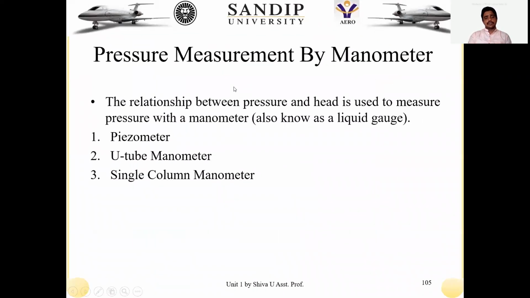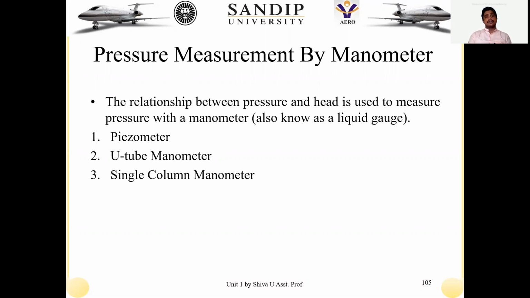Now coming to pressure measurement by the manometers. What is the relationship between manometers and pressure measurement? Here we are using liquid gauges, and using these liquid gauges we are measuring the pressure.